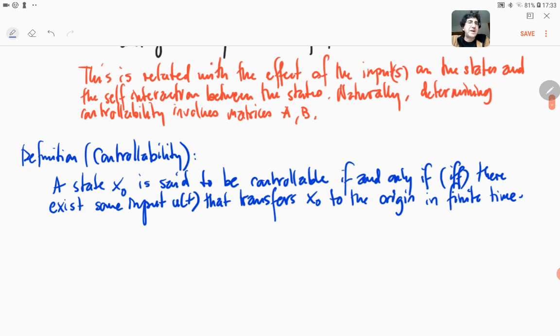So we first define that an initial state x0 is controllable if it can be brought to the origin by a suitable input in finite time. Okay?